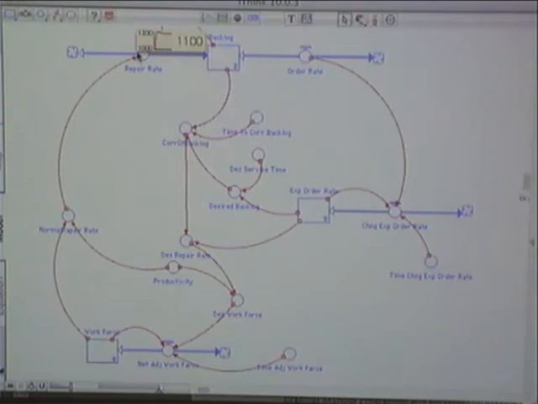Next year. So remember that we had a correction of backlog and an order rate that went into a repair rate. So we had a loop here which was very, very short, and it operated wonderfully. We no longer have that loop. We have the long loop that goes through hiring people, getting the workforce built up, then repairing. So in other words, the repair rate that we're using here now is no longer responding immediately to the backlog.